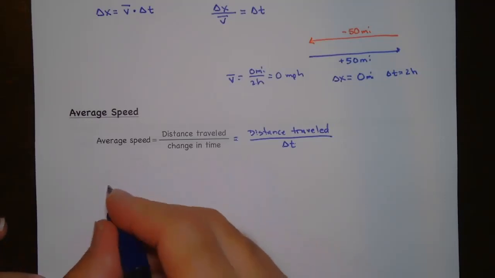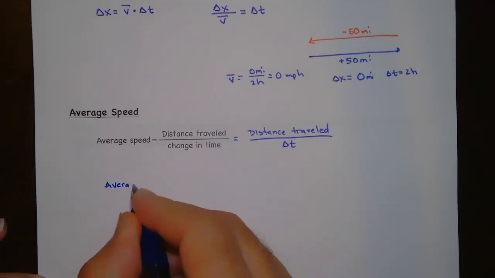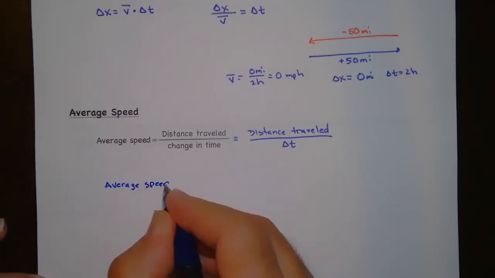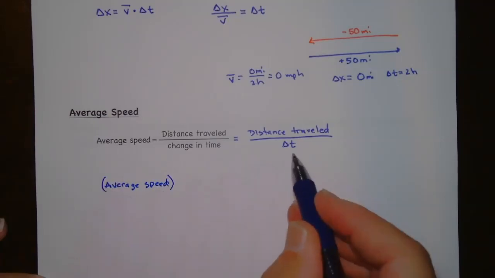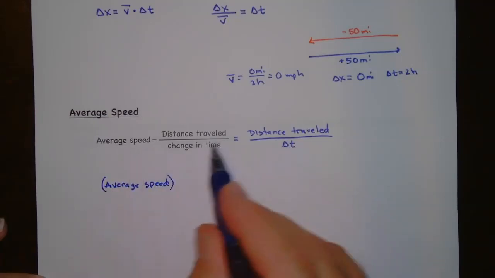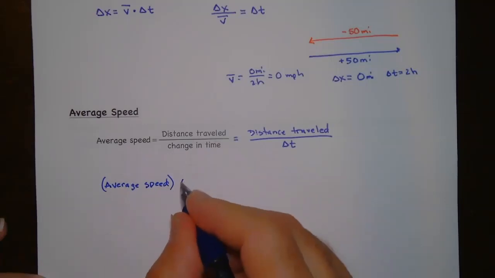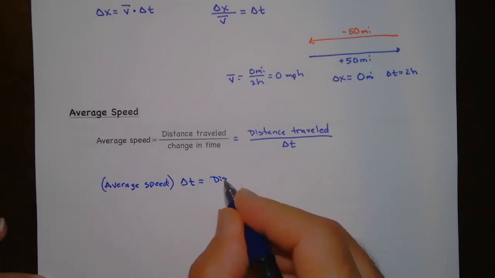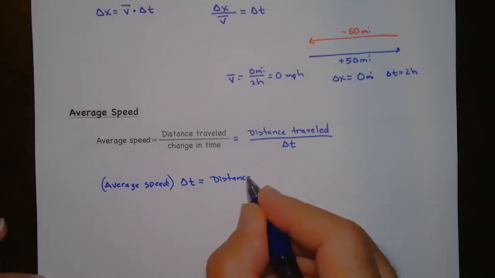So if we know the average speed, and we were to multiply that by our change in time, so we're multiplying average speed by change in time, delta T, that would equal the distance traveled.